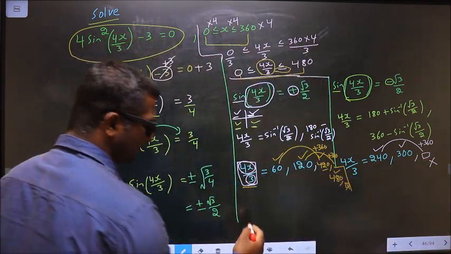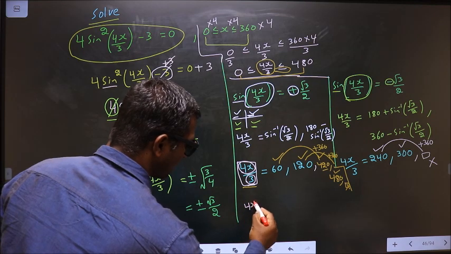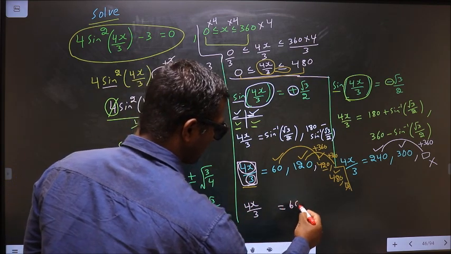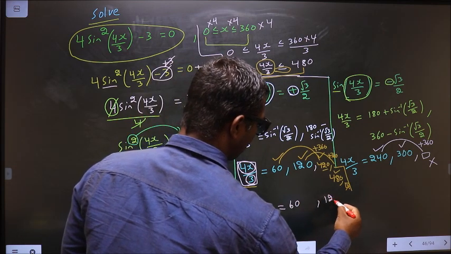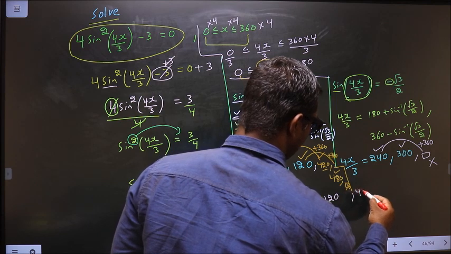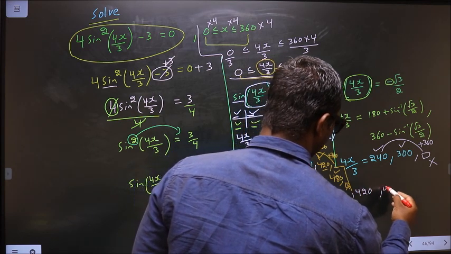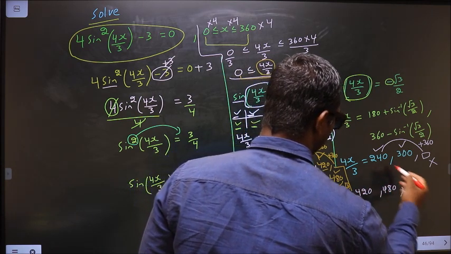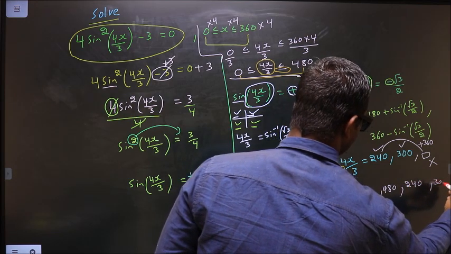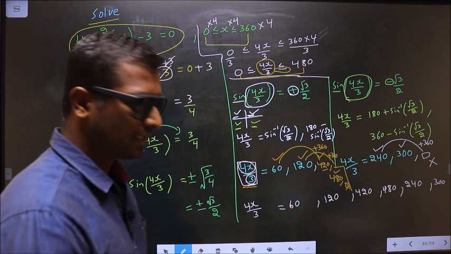So the values we got for 4x/3 are 60, 120, 420, 480, 240, 300. Clear?